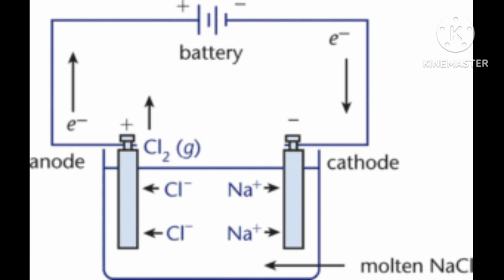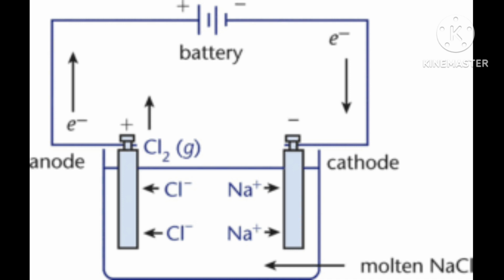But again I am telling you, the H+ (aq) is produced by the dissociation of H2O. That is, H2O dissociates into H+ and OH- ions. Therefore, for the net reaction at the electrode, you write the sum of these two reactions.